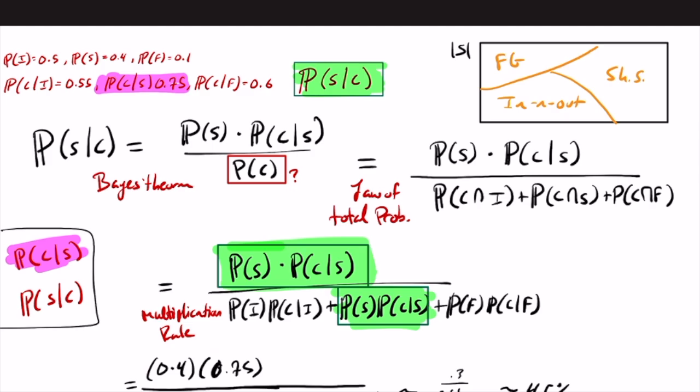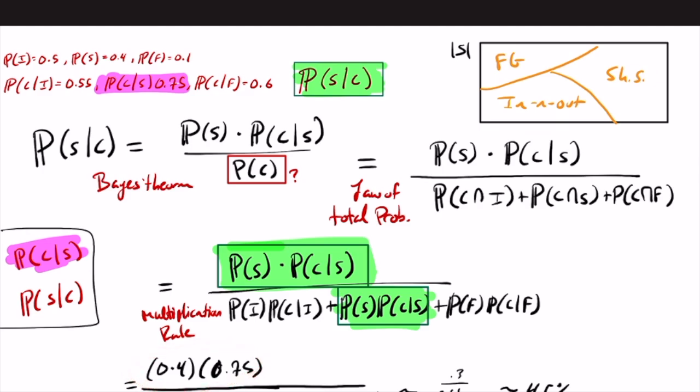So yeah, this problem is not terribly difficult in some sense. We have our partition space represented by these three probabilities here, and our numerator is taken care of. We went into Bayes' theorem.